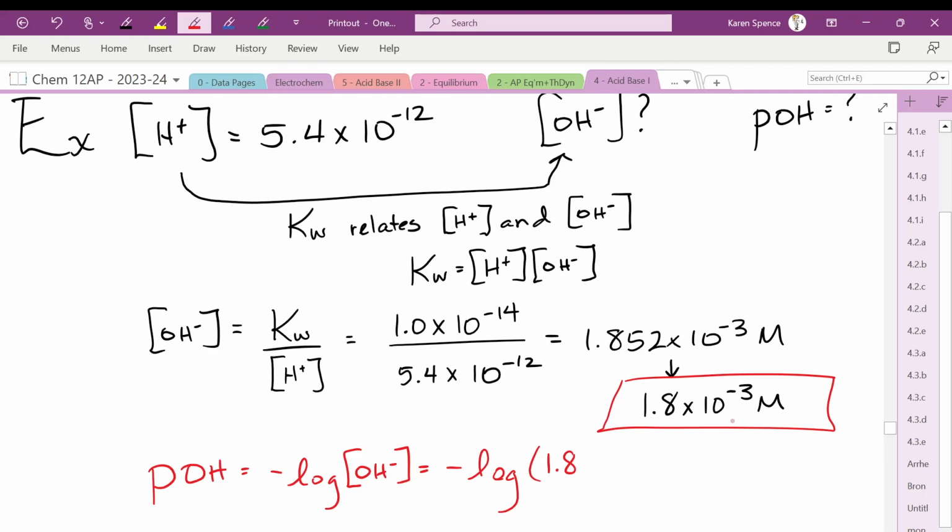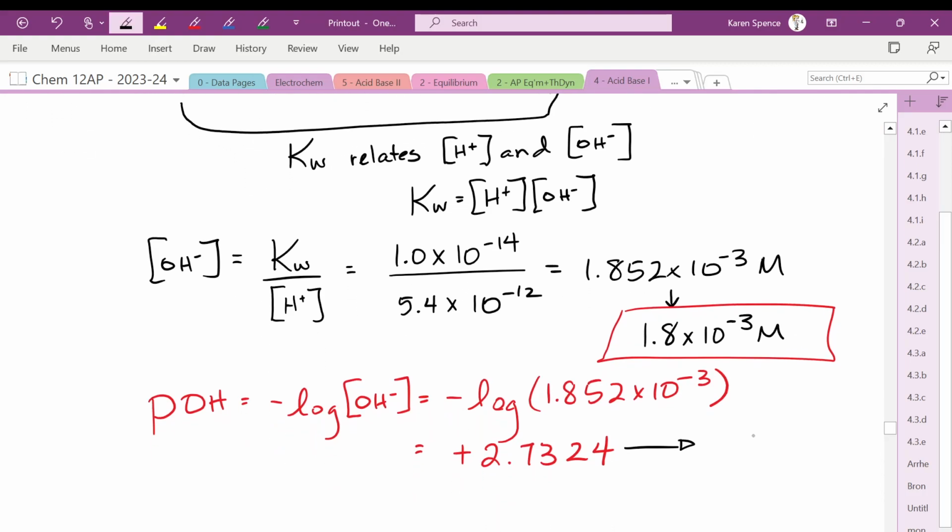Should I use 2 sig figs when I'm calculating the pOH, or should I keep extra digits? Keep extra digits, just in case. It may or may not make any difference. And how many sig figs should we have in our final answer?